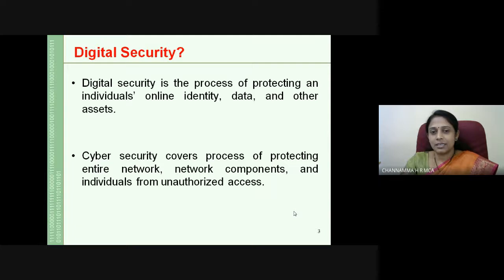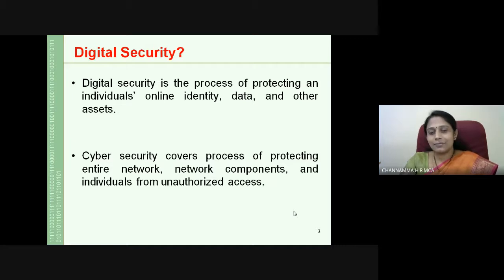The society is something like cyber space, and individual data is something like digital data which is owned by some individual. So cyber security covers all network related components also.